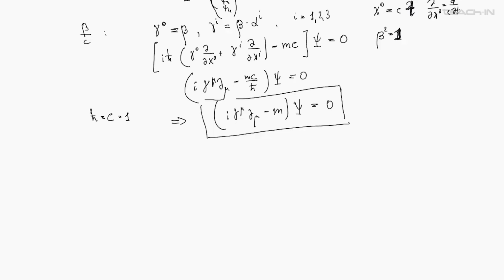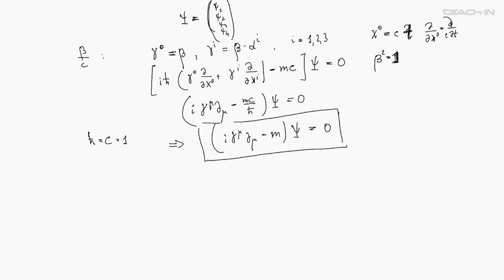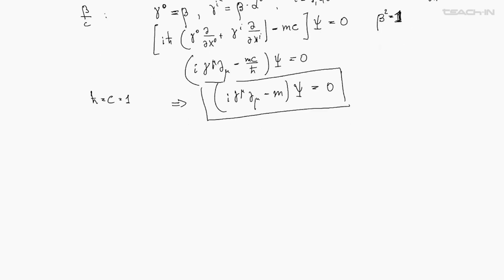Okay, so now we can see also that with the new matrices gamma^mu, the algebraic relations which we have introduced for alpha and beta can be uniformized in one relation for the matrices gamma^mu, namely gamma^mu gamma^nu plus gamma^nu gamma^mu is equal to 2 eta^{mu nu} multiplied by the identity matrix.